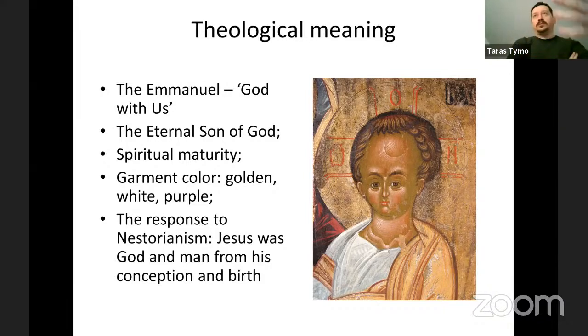That's why he could, being a 12-year-old boy, impress the elders in the temple with his wisdom. And that's why in the icon he is represented with an adult face and with a naturally large forehead, which is an anthropological symbol of wisdom and learning and depth of a person.